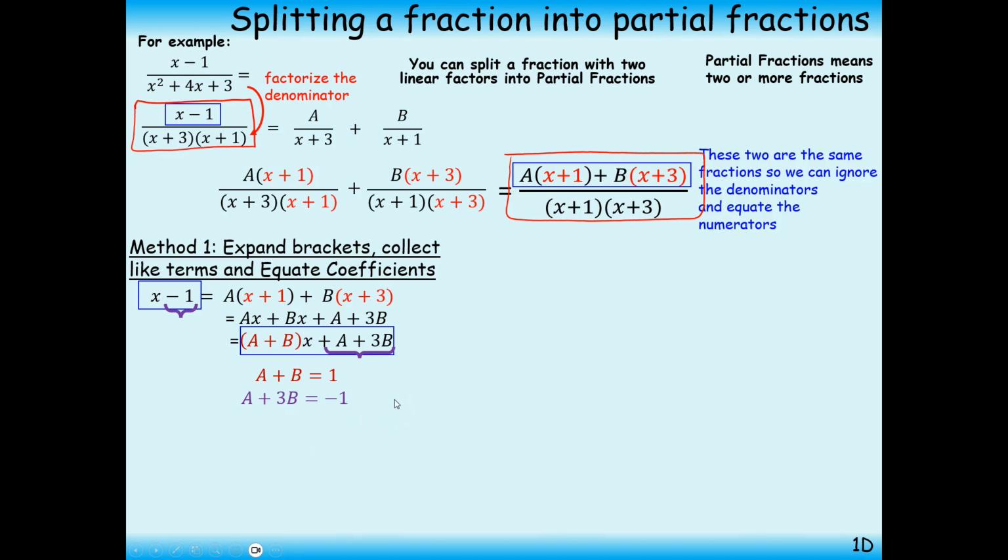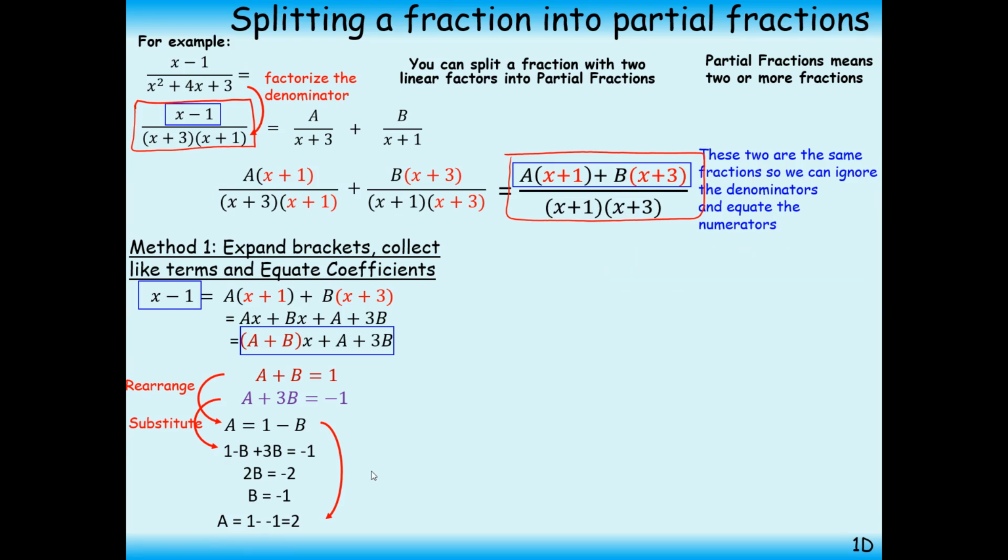Once you've written these two equations like so, you go ahead and solve them simultaneously. After all, we were looking for capital A and capital B. Now, there are many ways to solve simultaneous equations. I've chosen to take substitution. Once you solve it by substitution, you end up with b to be negative 1 and a to be 2. Now our task is not finished.